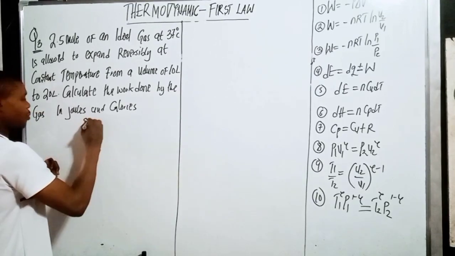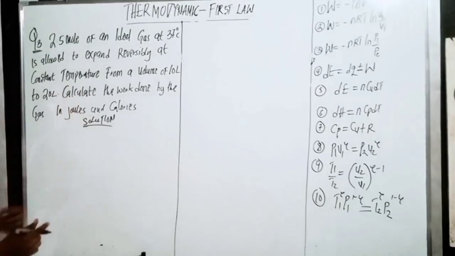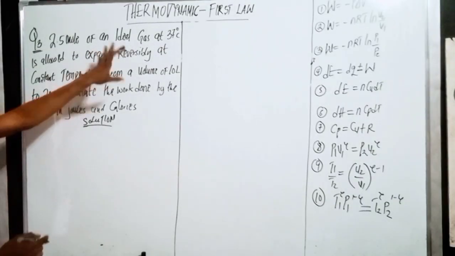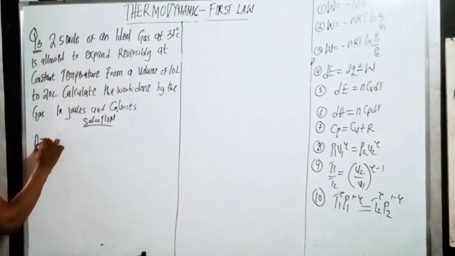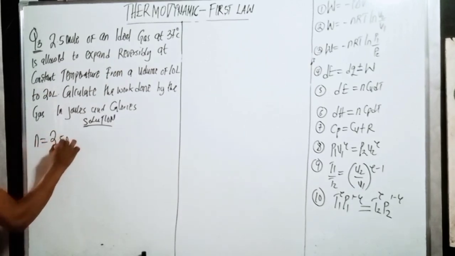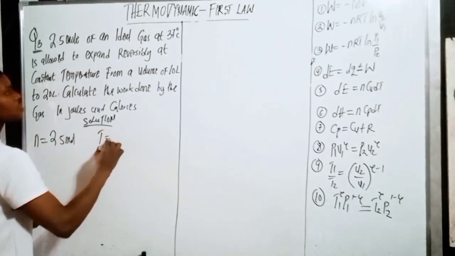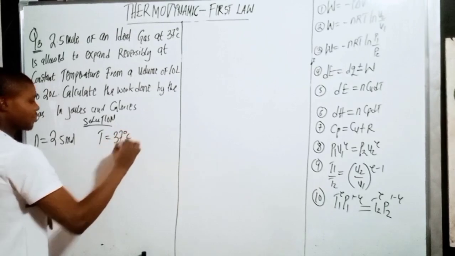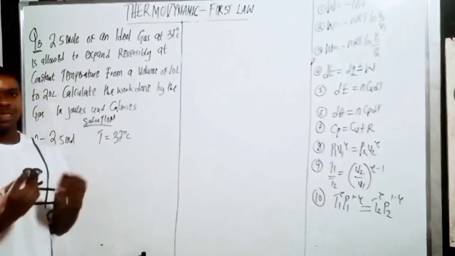So therefore, before you find the formula to use, let's copy out the parameters given to me. So n equals 2.5 moles, right? Now my temperature T is going to be 37 degrees centigrade. Remember, you always convert degrees centigrade to Kelvin by adding 273 to this.